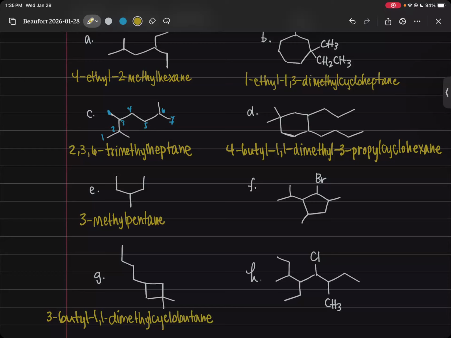Okay, F and H both have two answers that are, for our purposes, equally correct. The differences in the answers only have to do with the numbering, because both of the names have substituents on the same numbers, just different substituents on those numbers.